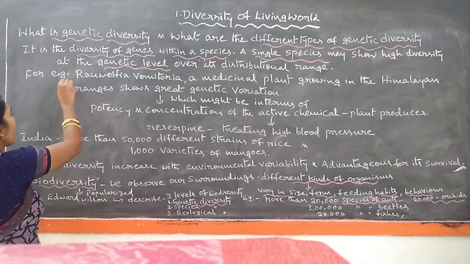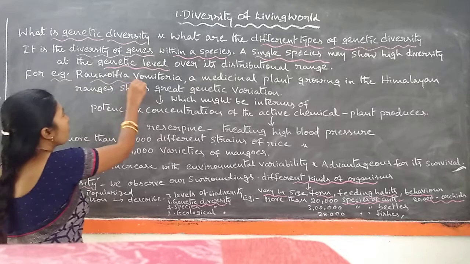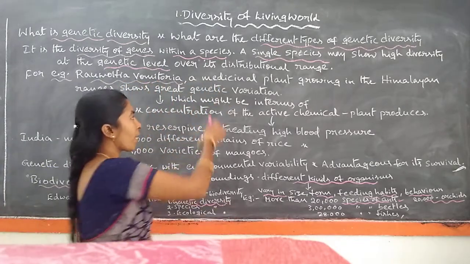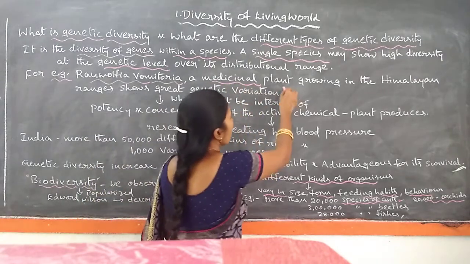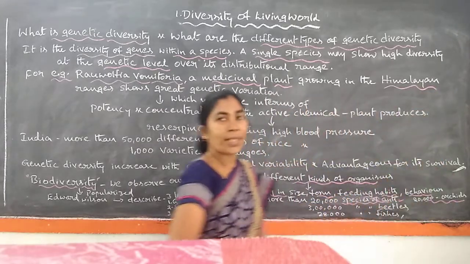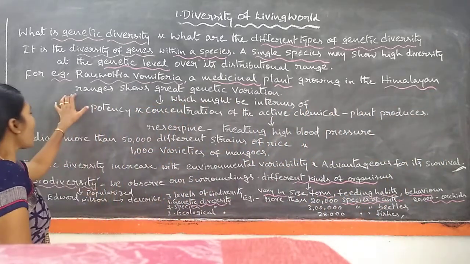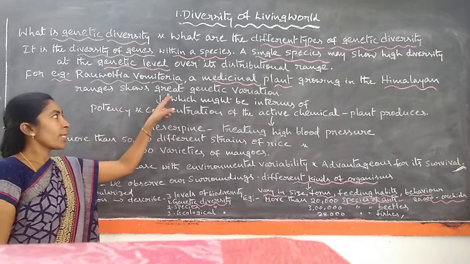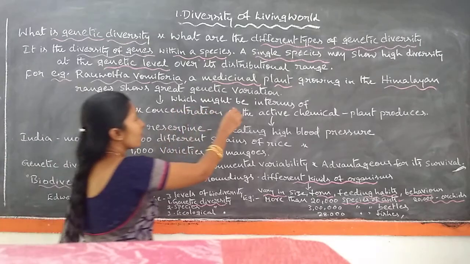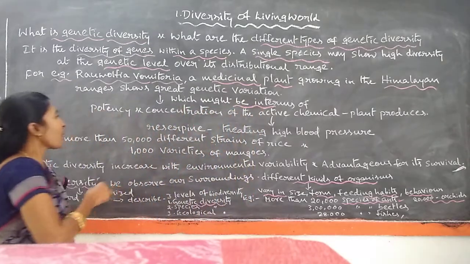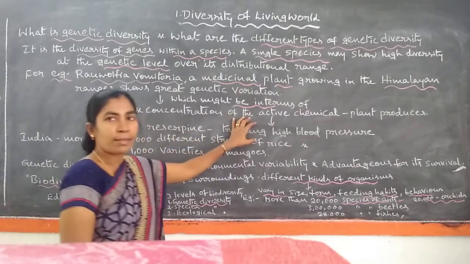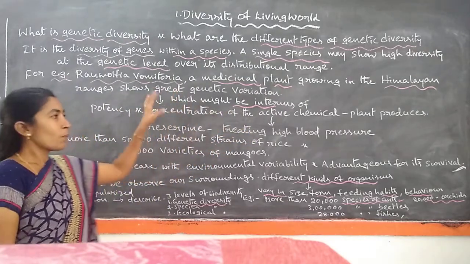For example, Rauwolfia vomitoria is a medicinal plant growing in the Himalaya region. Across its range it shows great genetic variation, in terms of the potency and concentration of the active chemical that the plant produces.